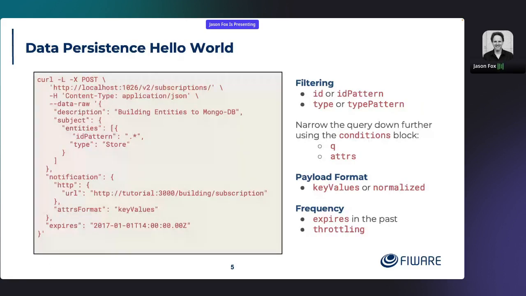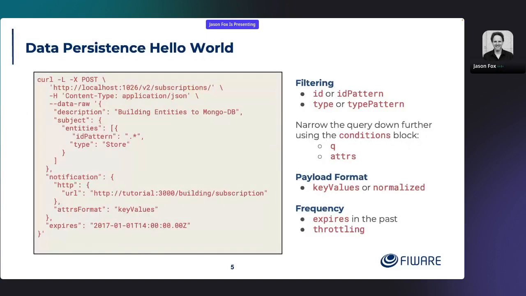This is an example of a V2 subscription. The same thing happens with LD. I just create a subscription, I narrow it down to a certain set of IDs or a certain set of types, and then I can decide what format I want.